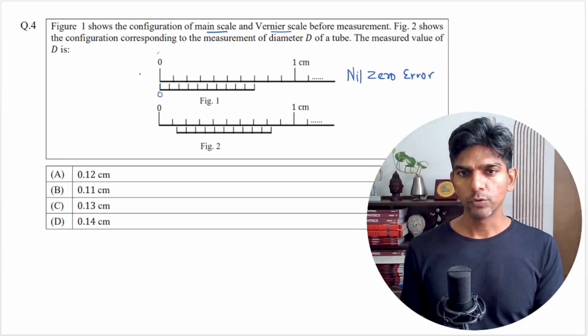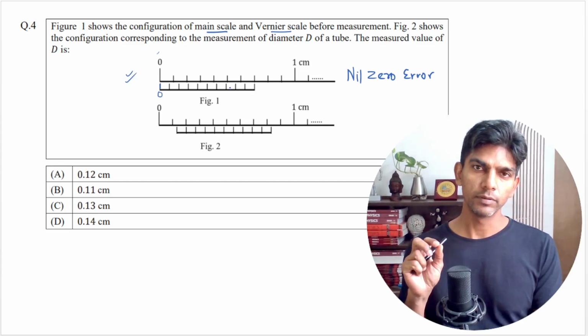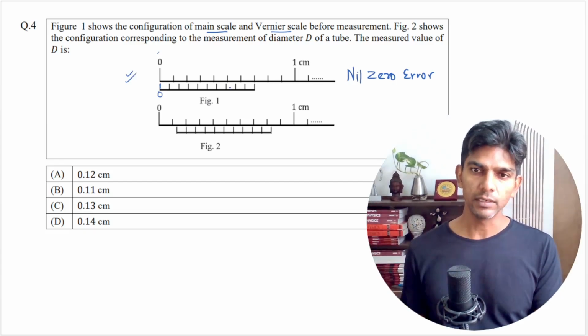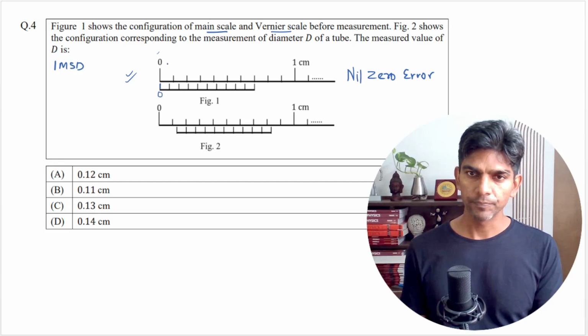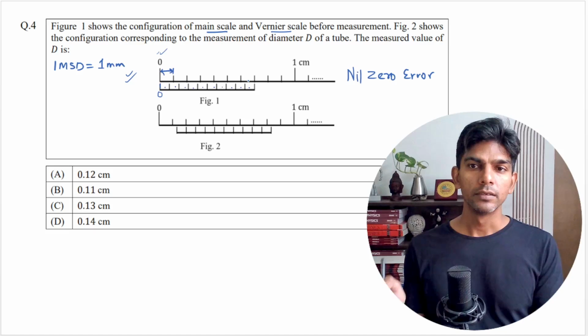So if you look at the first figure, from this figure we can relate the vernier scale division with the main scale division. One main scale division, if you look at this diagram, is 1 millimeter. So this length will be 1 millimeter. And 1, 2, 3, 4, 5, 6, 7, 8, 9, 10.